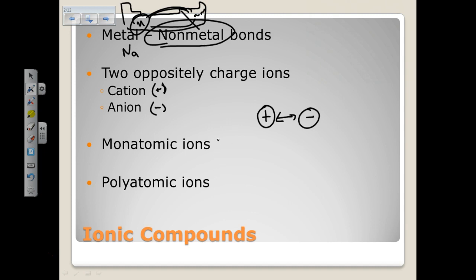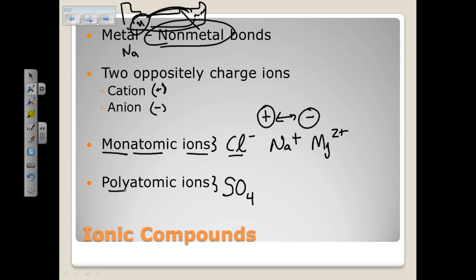And then there are things that we call monatomic ions and polyatomic ions. Monatomic ions, mono meaning one, are single-atom ions, like Cl-, Na+, or Mg2+. Polyatomic ions have multiple atoms in them, poly meaning many.